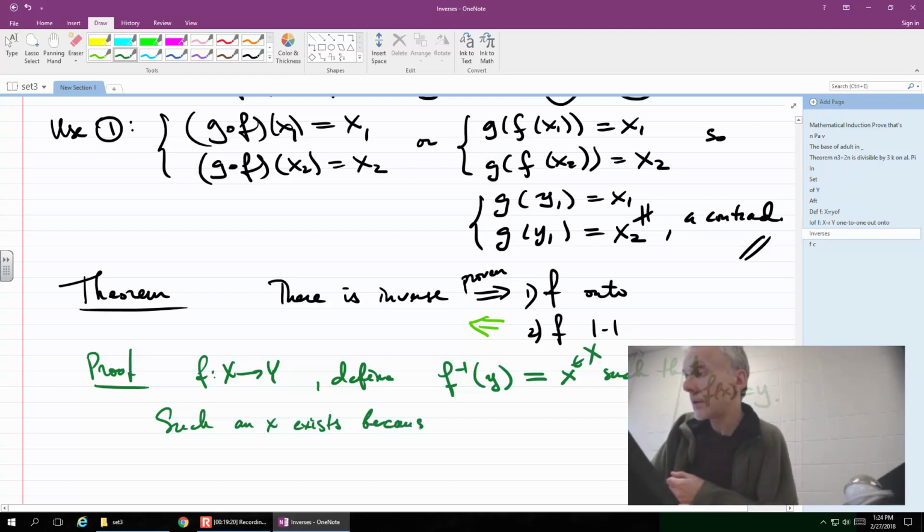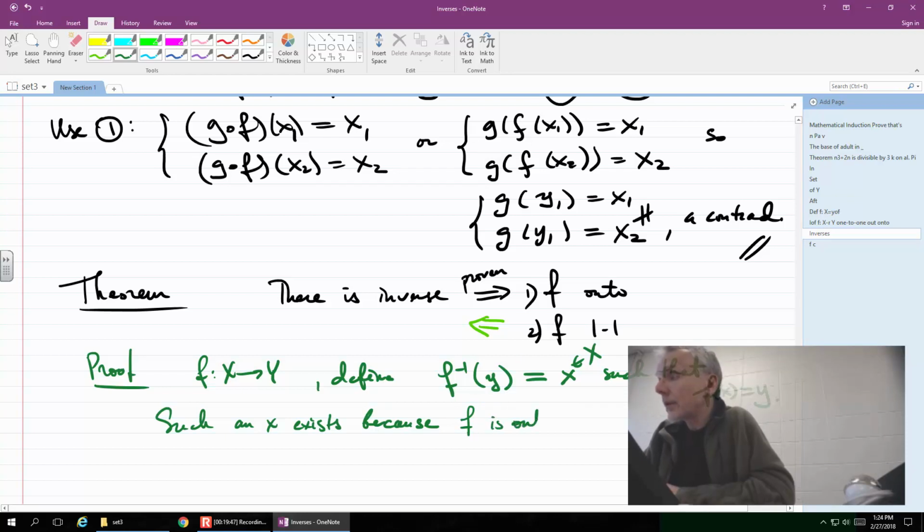because, what? There is an arrow, for each y there is an arrow going into it. If f is onto. One at a time.